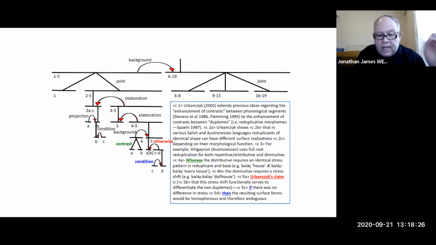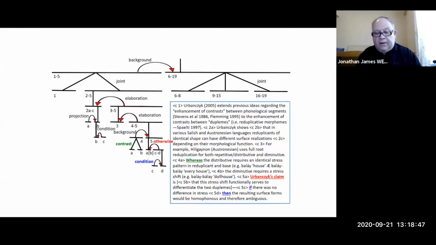You're saying that whereas the distributive requires this and the diminutive requires that, Urbanchik's claim is that this stress shift functionally serves to differentiate the two duplemes. So it's saying that this contrast serves this purpose.